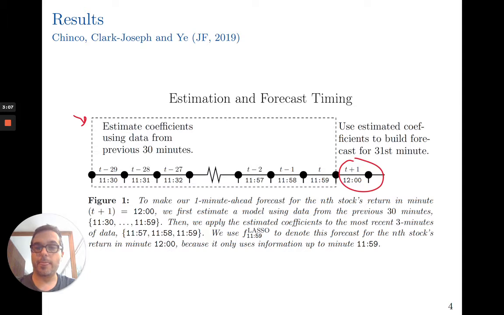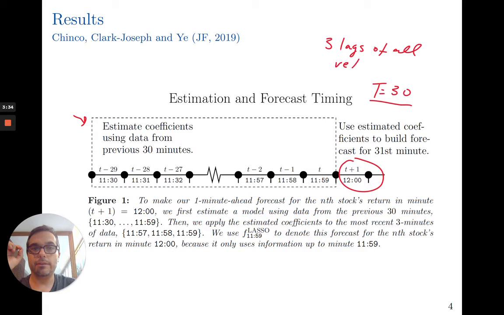So they have a 30-minute window, so they have 30 time observations, t equal to 30. Okay, they are going to consider a model of up to 3 lags of all returns. But it's not a single, it's not an AR3. They are looking for 3 lags for the whole universe of returns.